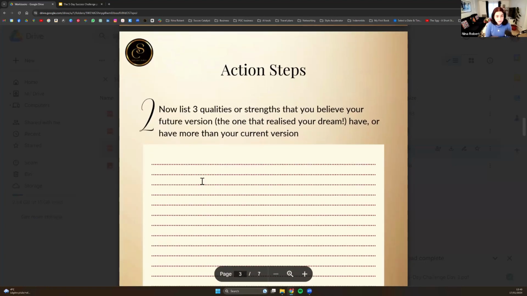Second exercise is to list 3 qualities or strengths that you believe your future version, or the one that realized your dream eventually, has or has more than your current version.